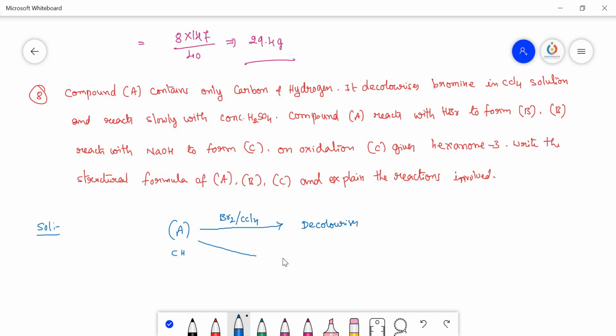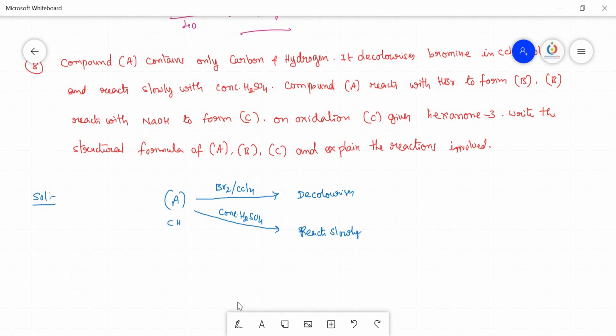And the same molecule reacts very slowly with concentrated sulfuric acid. Okay.